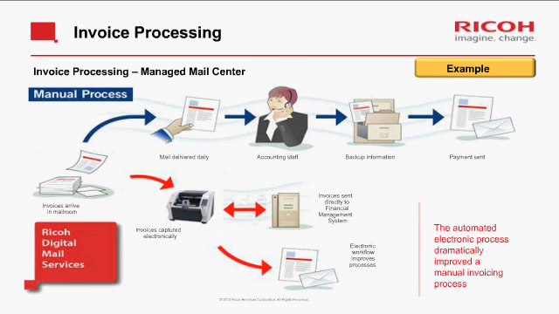Whereas with the Ricoh Digital Mail Services solution, the mail comes in, it's captured electronically, and then it's made available immediately. This takes out a lot of the manual steps, brings more visibility to these invoices through the process, and addresses a lot of the challenges we talked about in the first slide earlier in the presentation, the one about legacy processes.